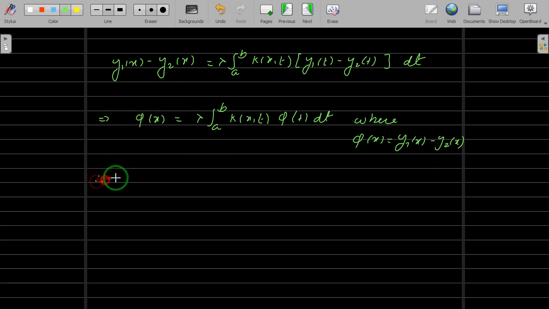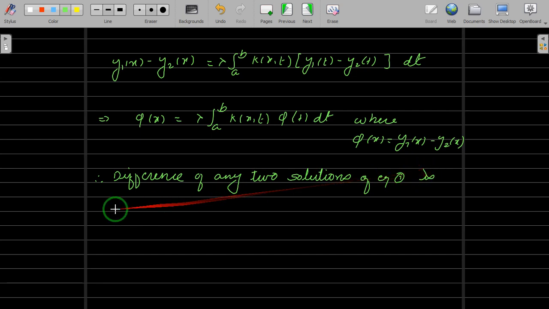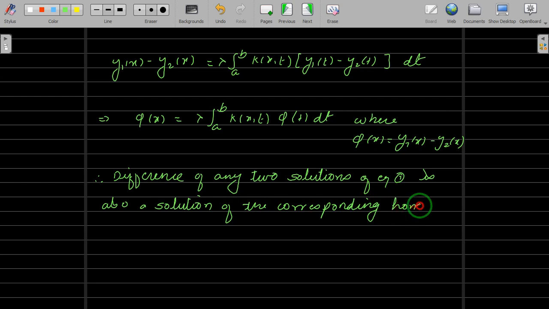So therefore the difference of any two solutions of equation 1 is also a solution of the corresponding homogeneous equation. This is what you had to prove.